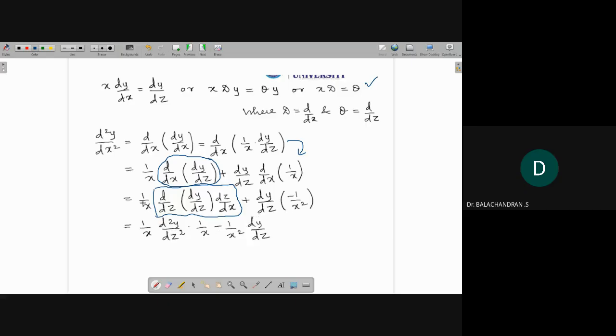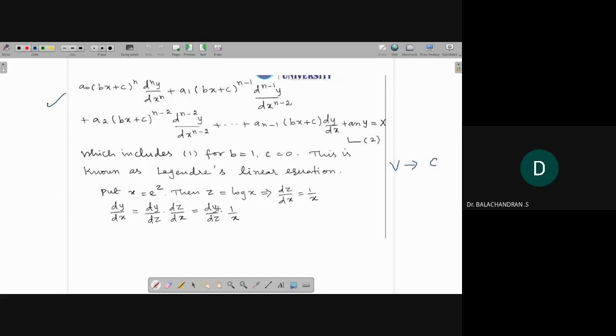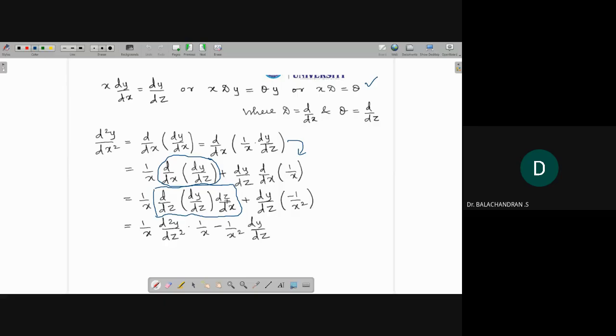Now this is d square y by dz square. What is dz by dx again? Dz by dx is 1 by x. So we get 1 by x square into d square y by dz square minus 1 by x square into dy by dz.